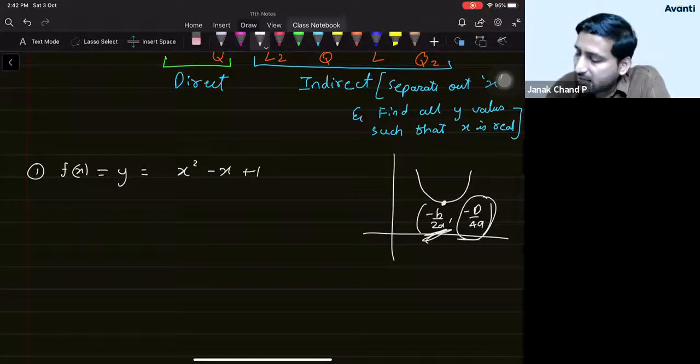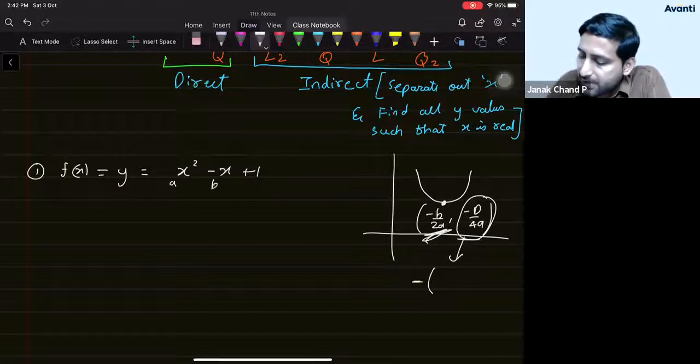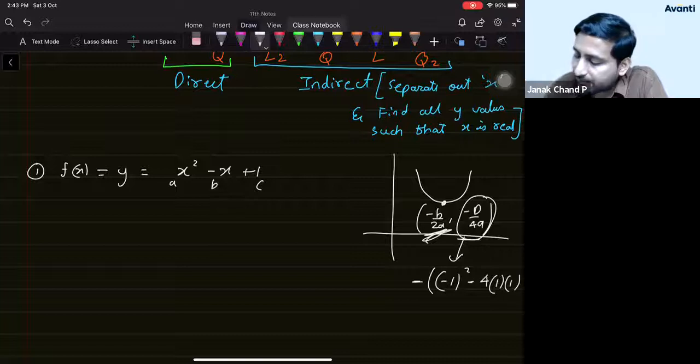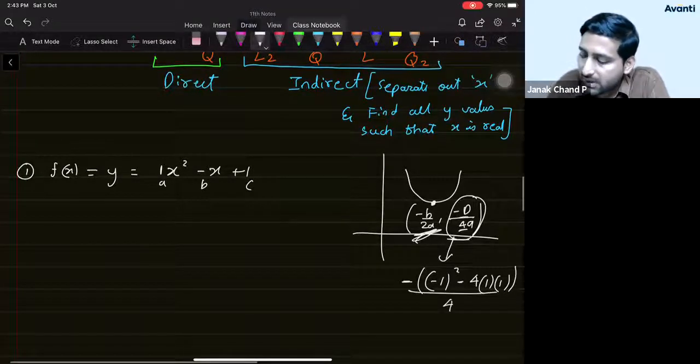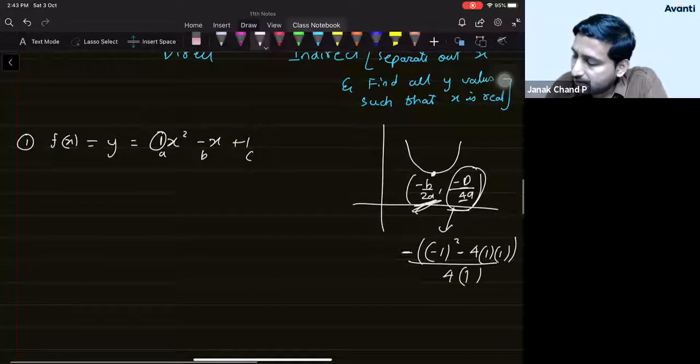If I calculate the value of this, D will be B square minus 4AC, and both A and C are 1. This is minus D divided by 4A, divided by 4 into A is 1. So what will I get? Minus will be outside.